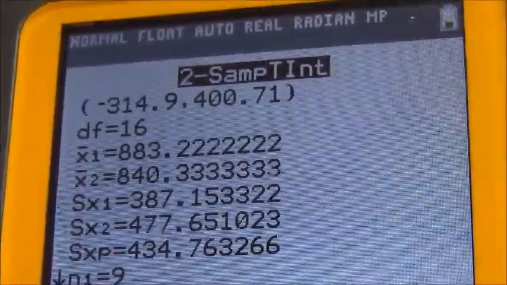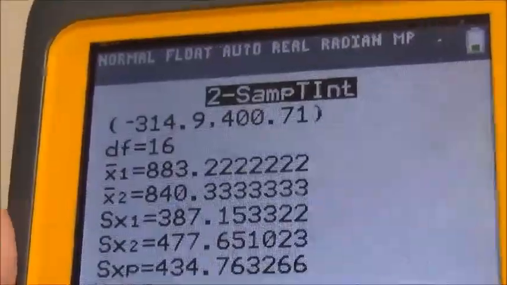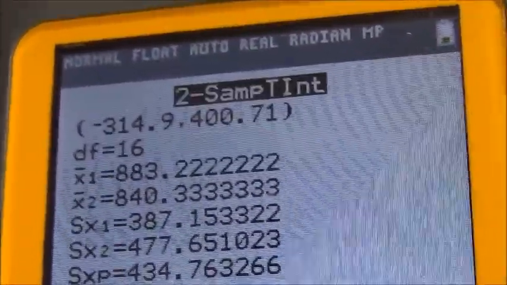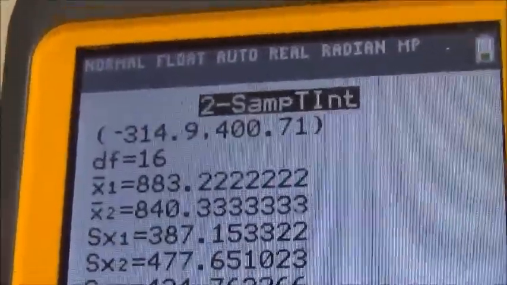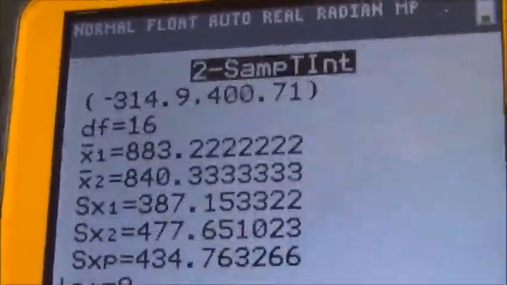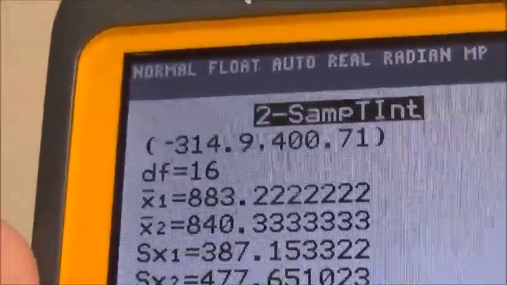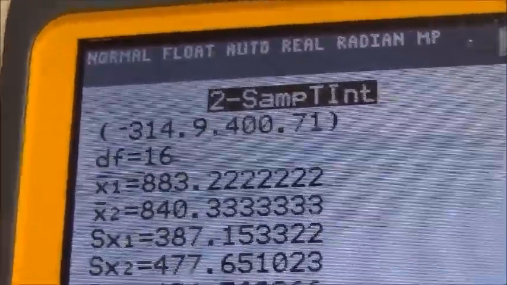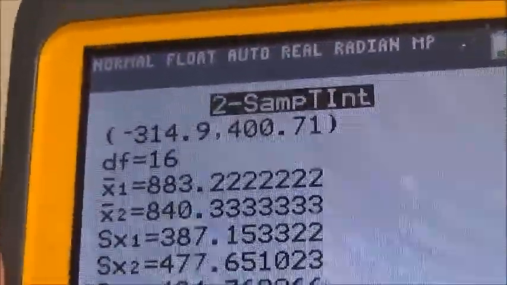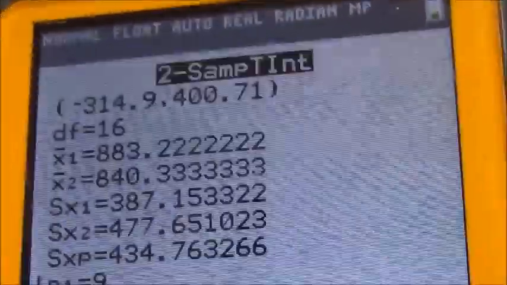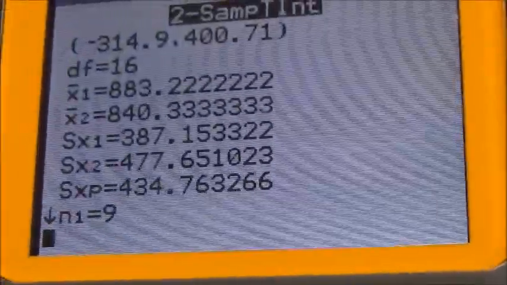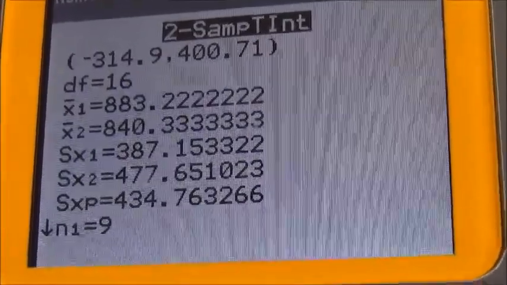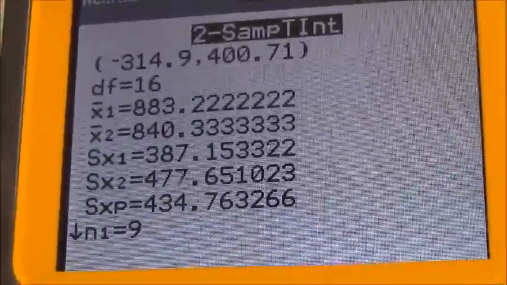314.9 to 400.71. So again, when I look at that confidence interval, I ask the question, does the confidence interval contain 0? Yes, because the first one's negative and the second one's positive. 0 would be between negative 314.9 and positive 400.71. And if that interval does contain 0, you are not going to reject the null.